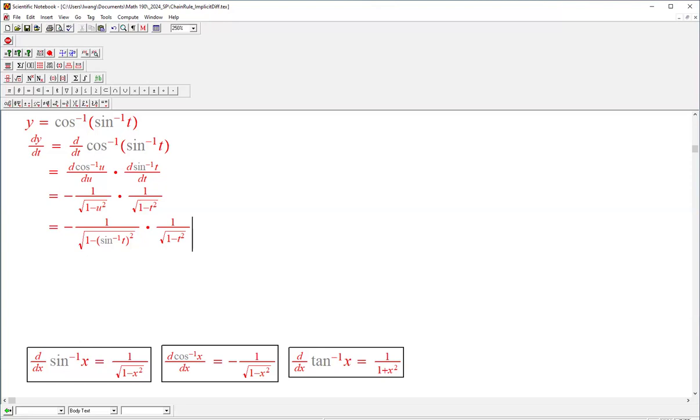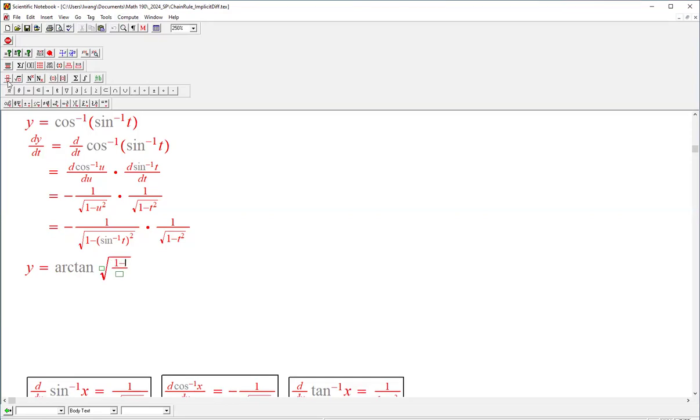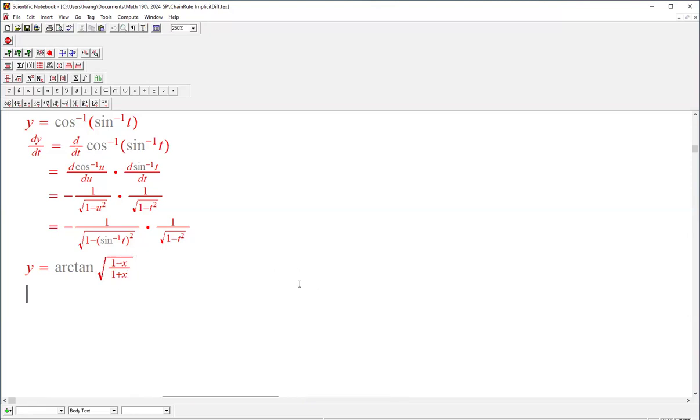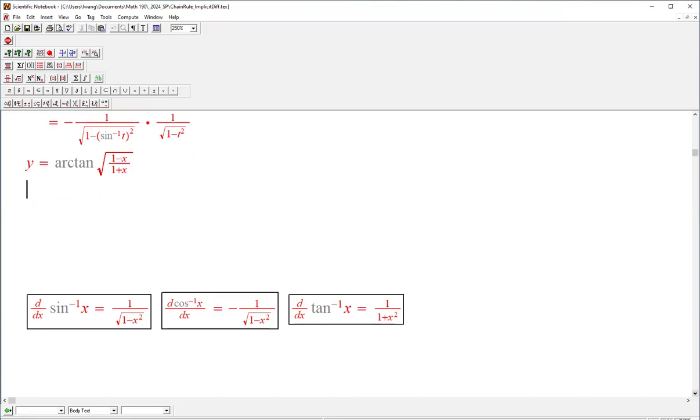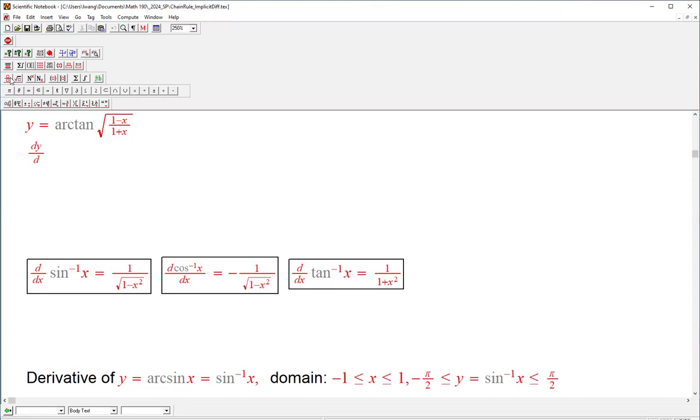Last but not least, okay, this one, y is equal to arctan of the square root of (1 minus x) over (1 plus x). dy/dx equals to, that's our u, right?